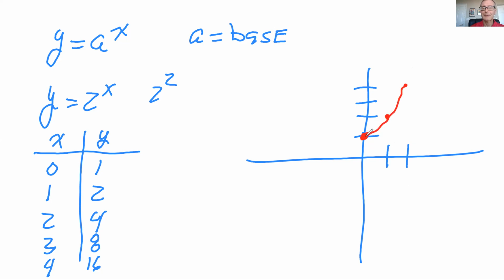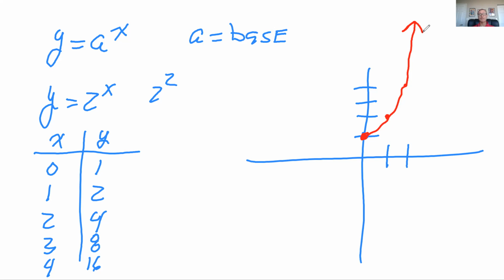And you can see it grows really quickly with regards to the values of x as it continues to the right, the positive values of x.